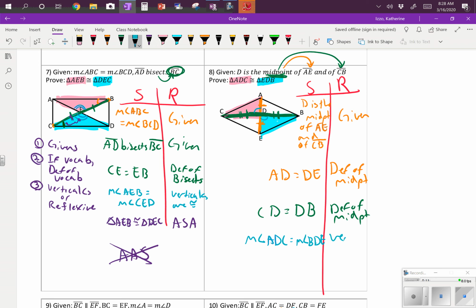And those are vertical angles. At that point, we can finish it up and say triangle ADC is congruent to triangle EDB by side angle side.